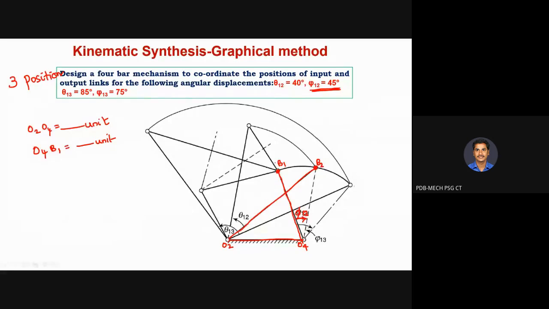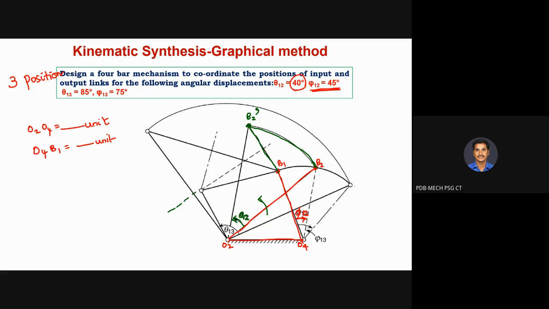All of this is the same as the previous problem. So now I rotate B2. How much should I rotate? 40 degree. Because when the crank moves 40 degree, this diagonal needs to rotate the same 40 degree but in the opposite direction. So if I rotate 40 degree, that is theta 12, in the counterclockwise direction, this B2 is going to reach this particular position. So let it be B2 dash. Connect B2 dash and B1, and you can take a mid normal.